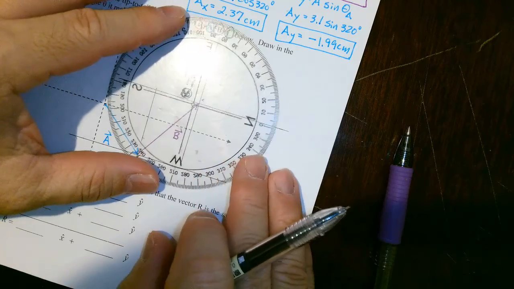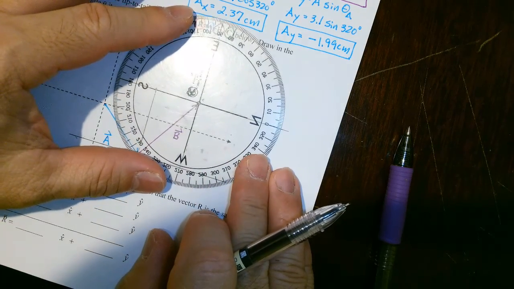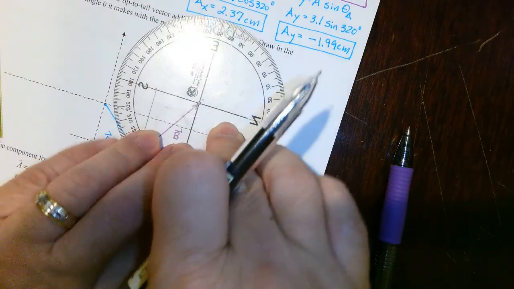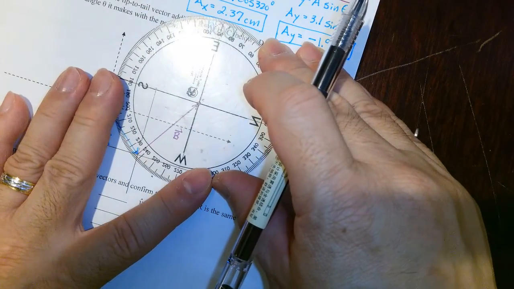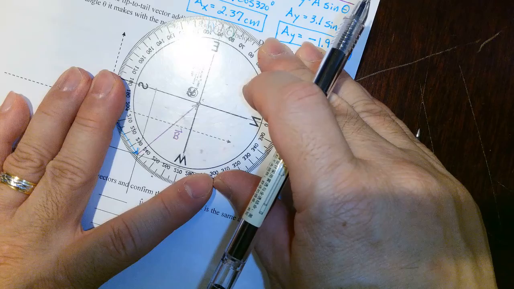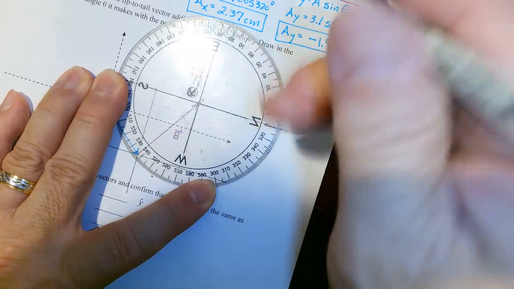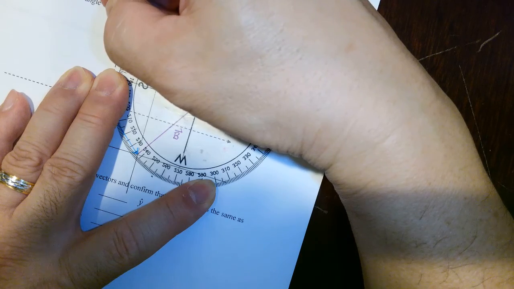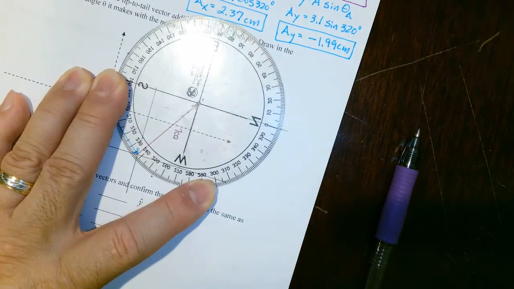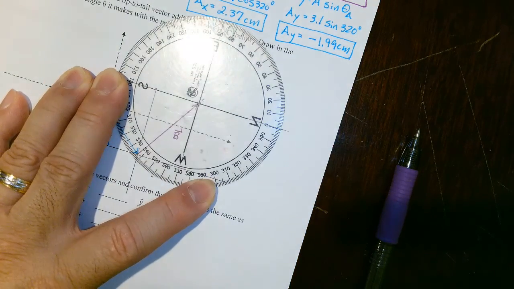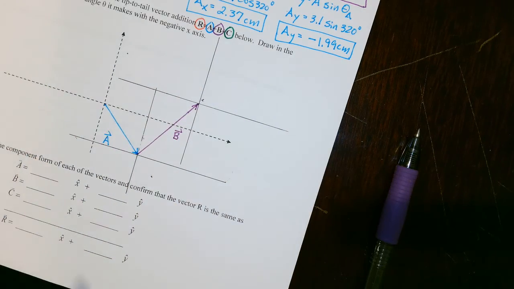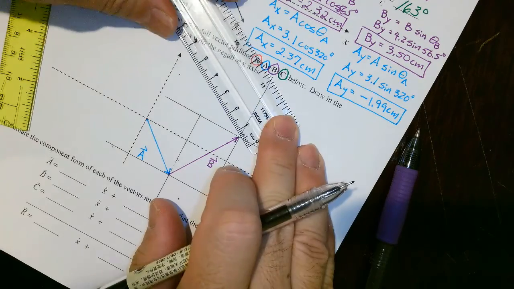Then measure out 163 degrees from that point. Okay, so here, 163. Oops. All right, so 163 would be right there. Then I will draw 6.5 centimeters along that direction.